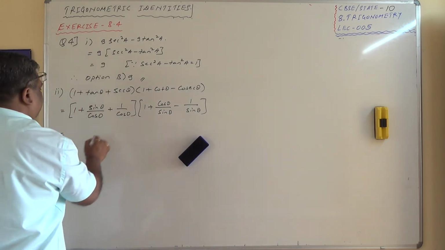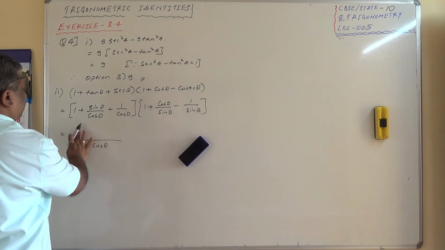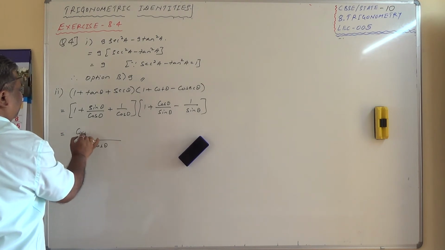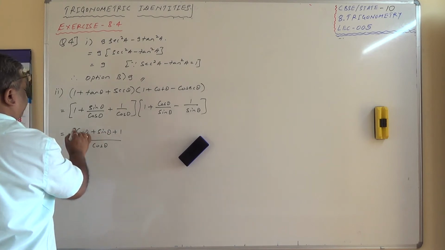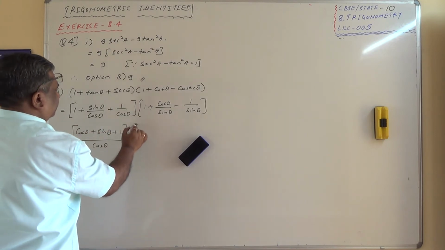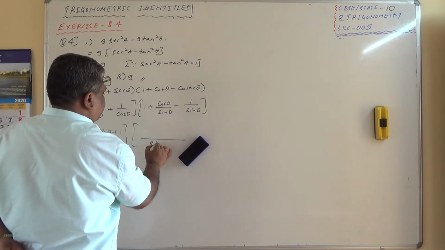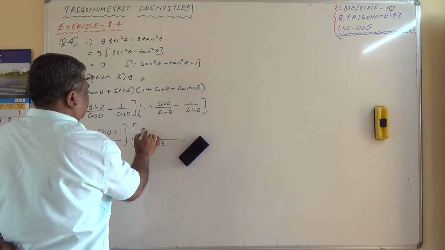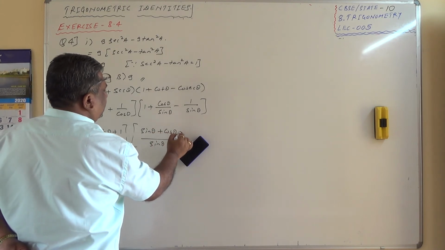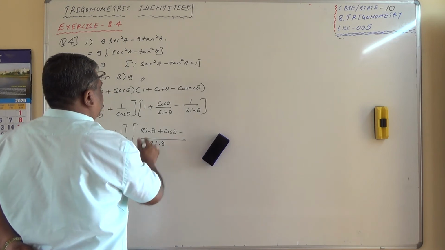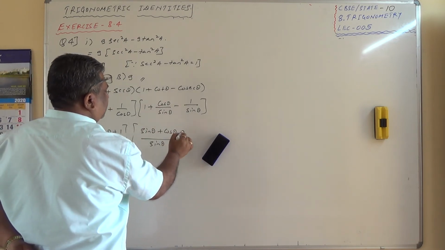Which equals cos theta, sin theta is the LCM, sin theta plus cos theta minus 1.